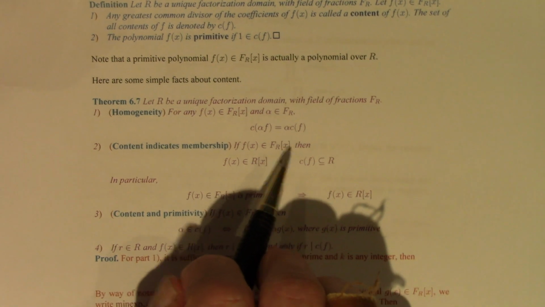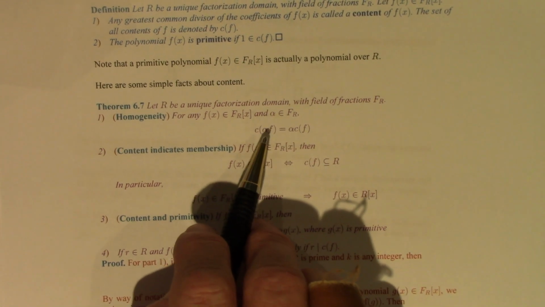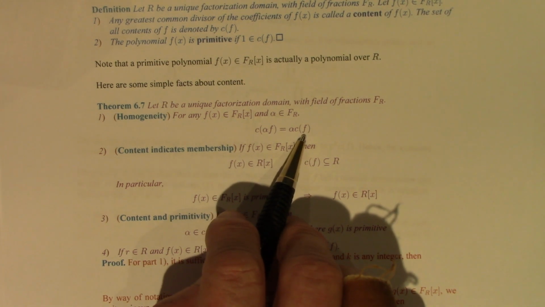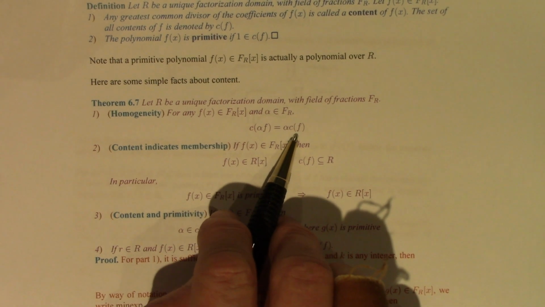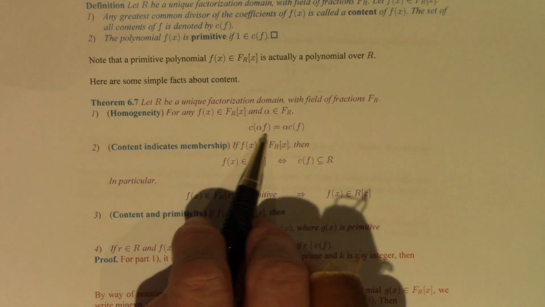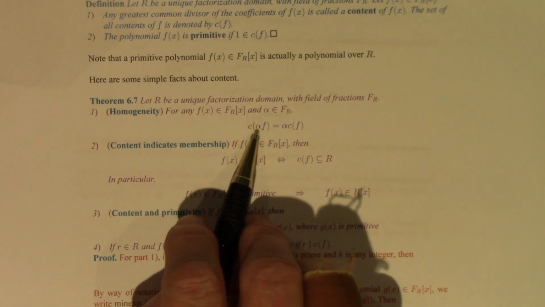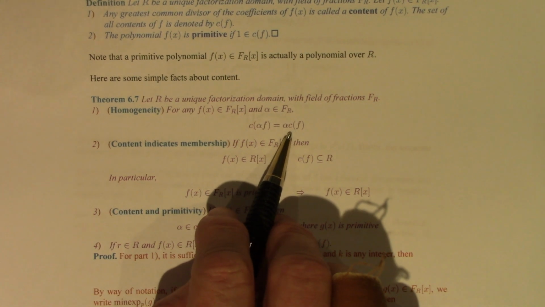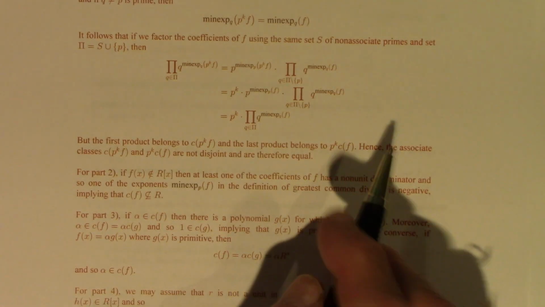And we know from our experience with integers, that's going to be alpha times a greatest common divisor of the coefficients of f. I suppose a good place to start would be to prove that for the integers. And once you figure out how to do that, you will probably see how to do it for an arbitrary unique factorization domain.